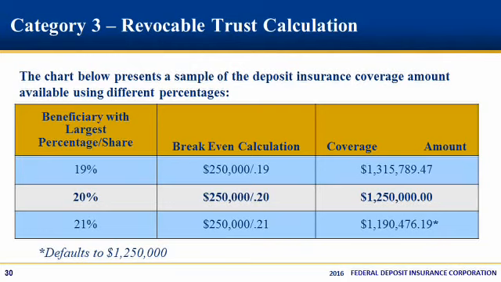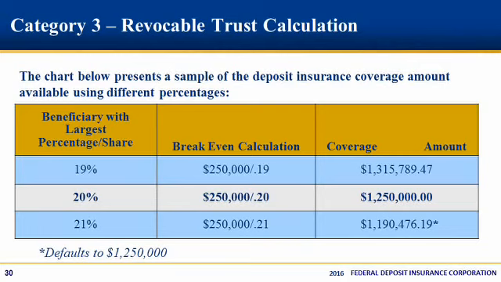If the percentage is less than 20%, for example, let's use 19% as shown on our chart, then the result of dividing $250,000 by 19% will give a maximum insurable amount in excess of $1,250,000. As shown on the chart, with the highest allocation at 19%, we can insure up to $1,315,789 with no uninsured funds.